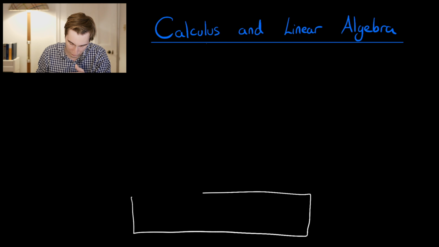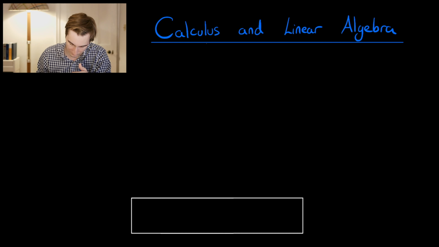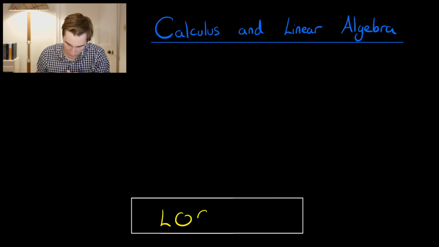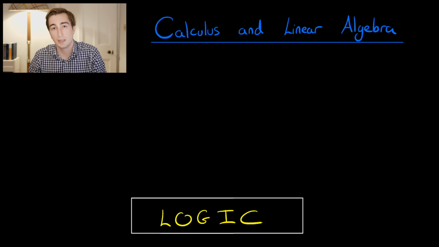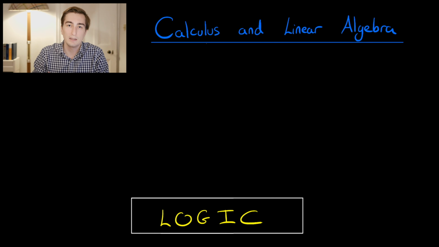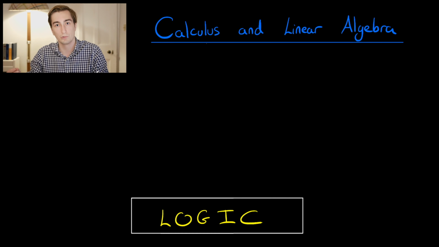So the bedrock of my part of the course is going to be logic. What is logic? It's the framework on which any sort of mathematical argument or proof is built. When I make some sort of mathematical statement, like if such and such is true, then such and such is true, I need to know how to connect those two statements in some sensible way.